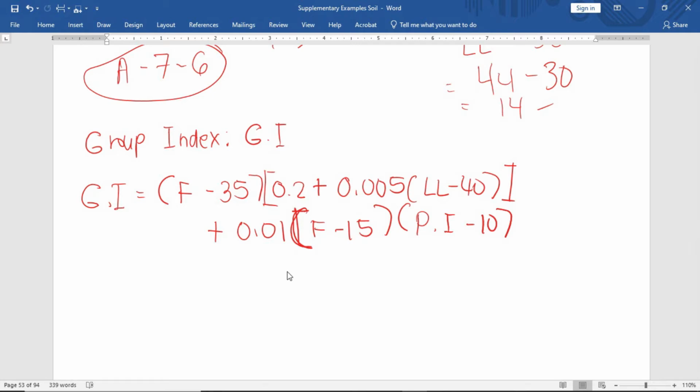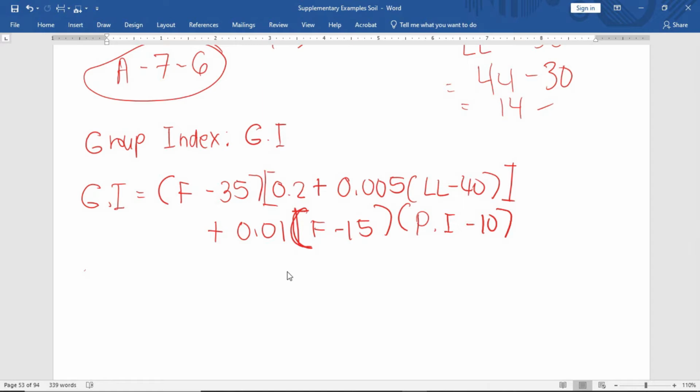Uulitin ko, ang GI or group index ay compute pa natin. GI is equal to F minus 35 times 0.2 plus 0.005 times LL minus 40, plus 0.01 times F minus 15 times PI minus 10.